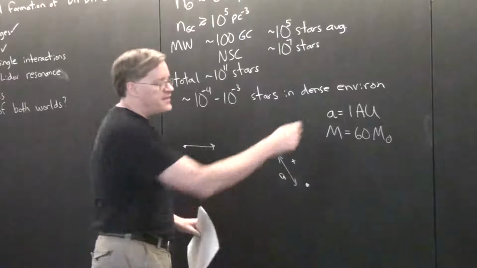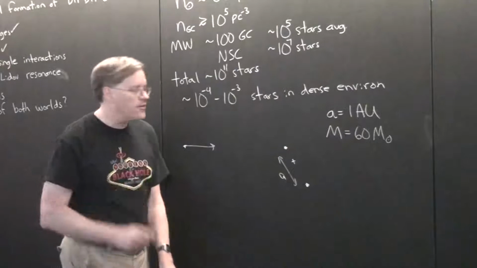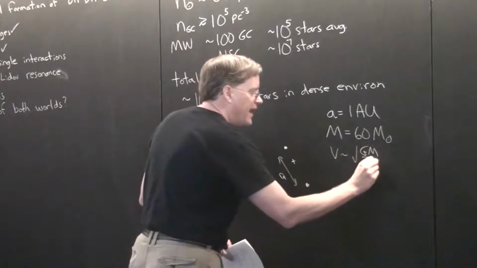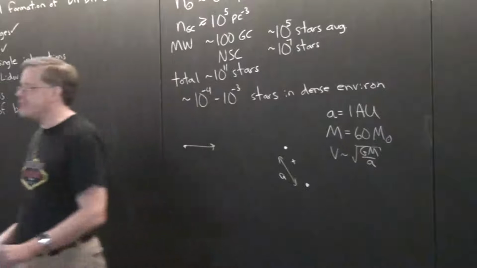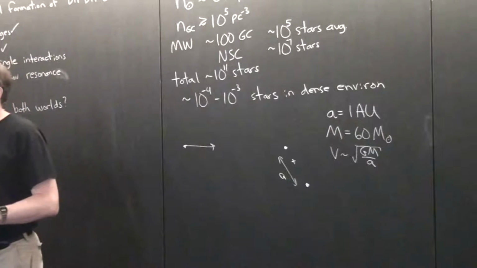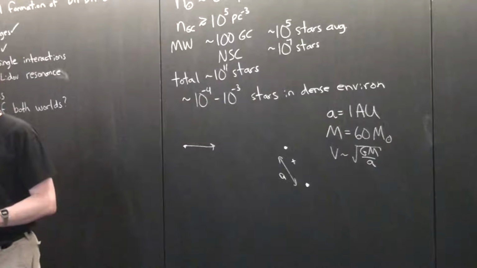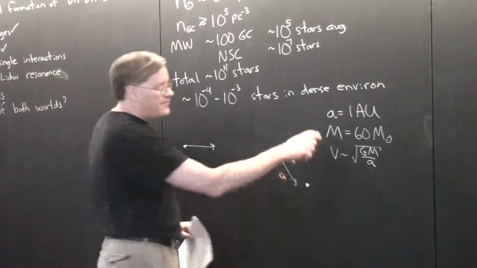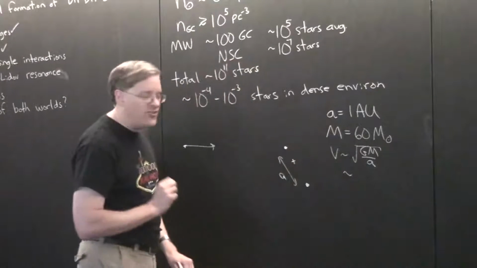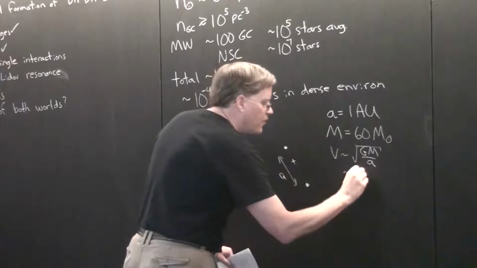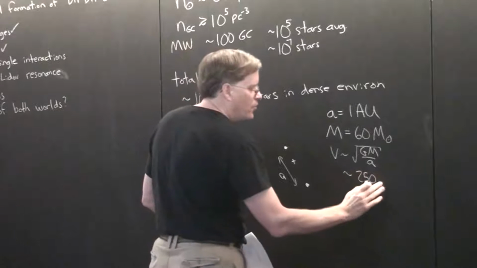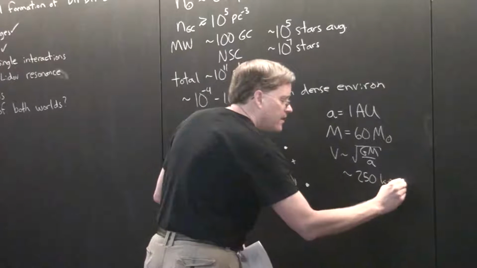This means that the speed with which these things are moving together, so that the V, which is going to be, of course, the square root of GM over A, for what it's worth, by the way, rather than remembering the god-awful value and units of G, you can remember that the Earth goes around the Sun at 30 kilometers per second, which means that 30 kilometers per second times the square root of 60, and so in this particular case, we're talking about something that is on the order of, and I'm not trying to be precise here, about 250 kilometers per second.